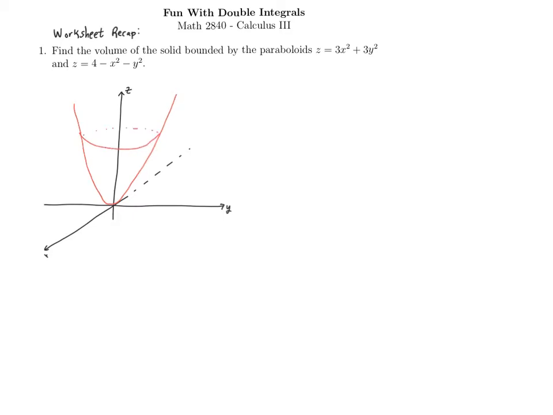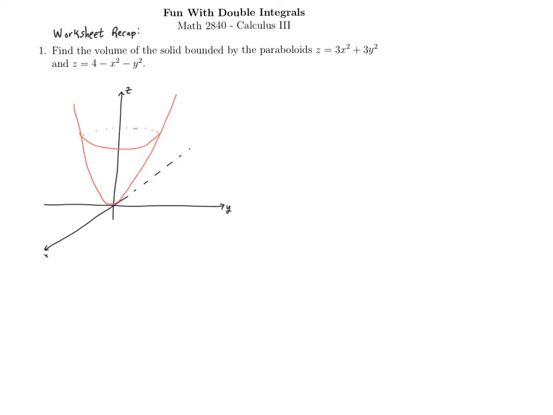Then secondly, we have this surface z equals 4 minus x squared minus y squared. From a similar intuitive perspective, if the minus y squared or the minus x squared were not there, i.e. the y equals 0 or x equals 0 trace respectively, you would have a parabola opening downward in the z direction whose vertex is at 4 on the z-axis.